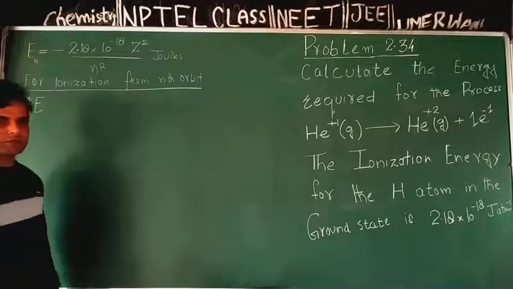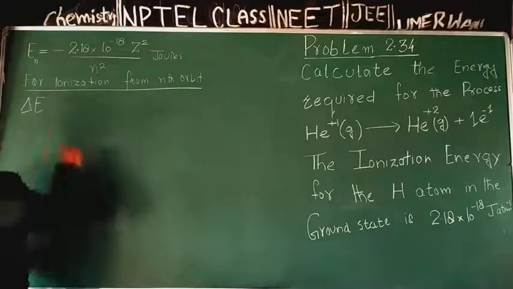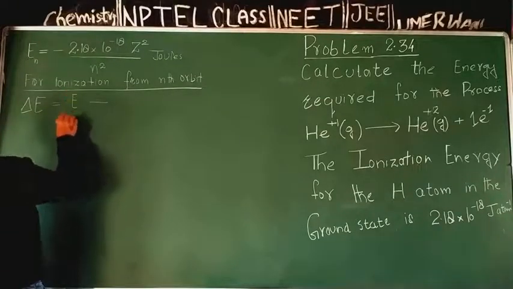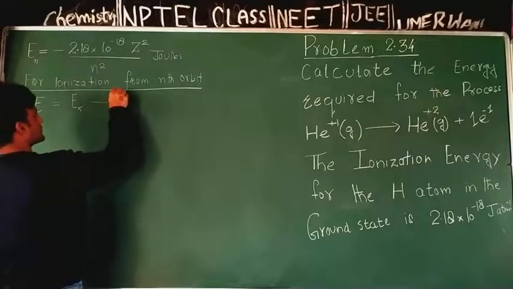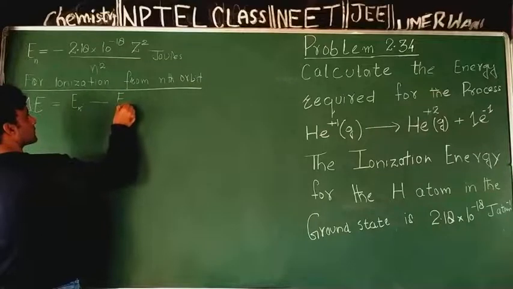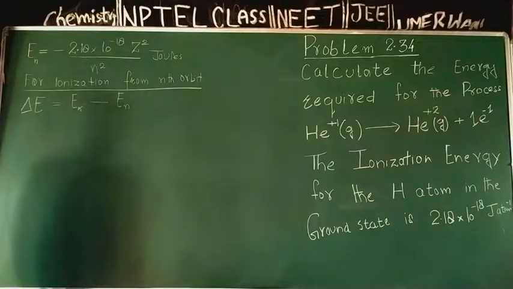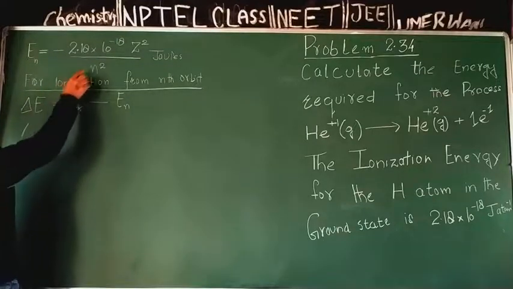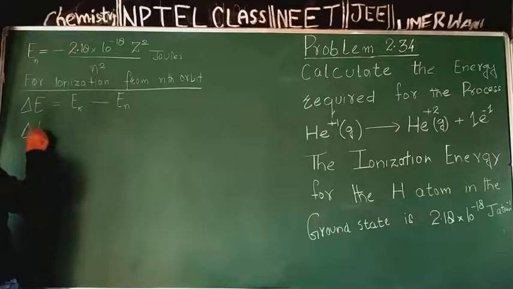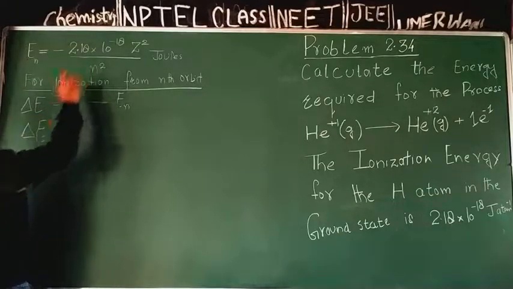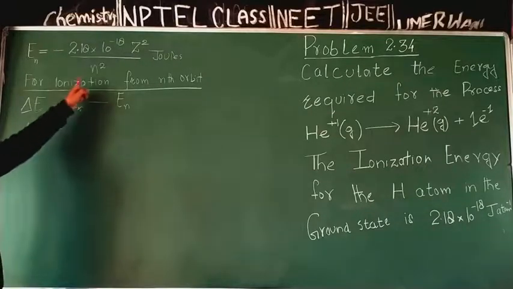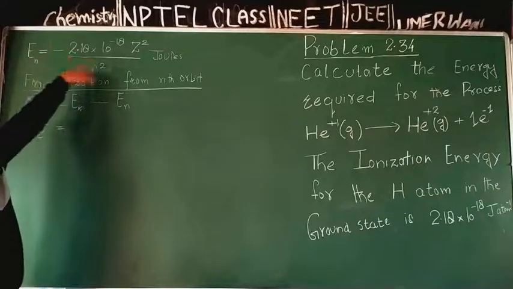the energy difference, equal to the difference between the energy of electron in infinite orbit and energy of electron in nth orbit. On the basis of this expression, energy of electron in infinite orbit, if I substitute n equal to infinity, this whole will become equal to 0.